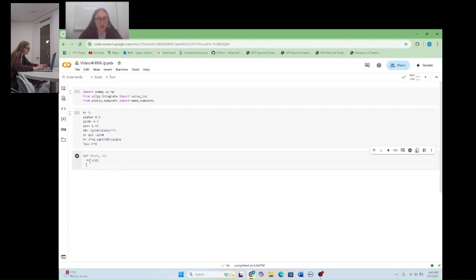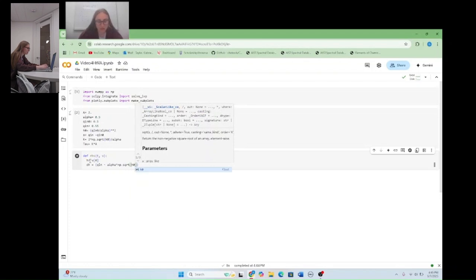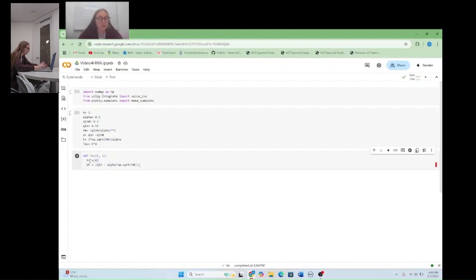And then we have our function dh, and what we derived was our Q in minus our alpha times np.sqrt of h naught, divided by our A. And then we're going to return our dh.